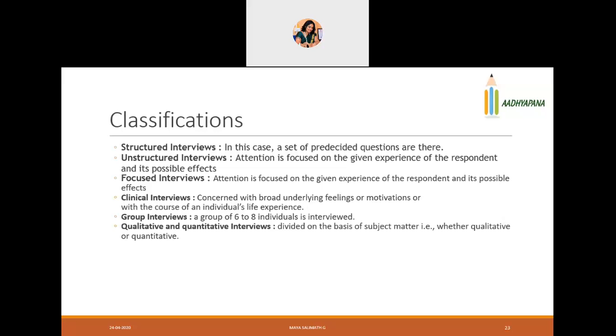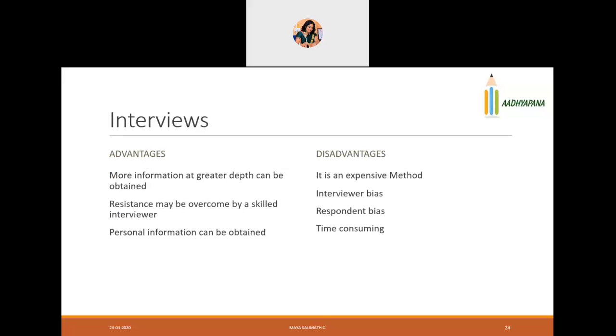And what they are looking for in a particular product becomes your qualitative data. These are the advantages and disadvantages of interviews.